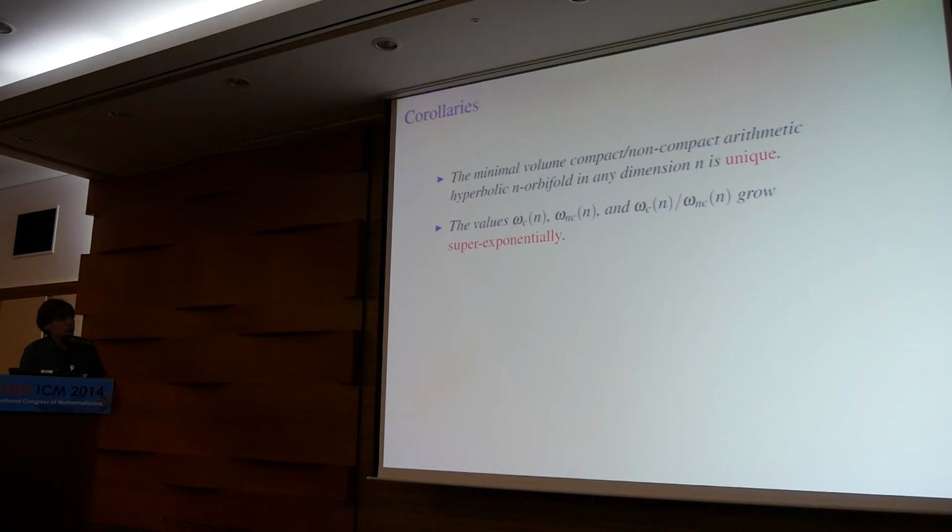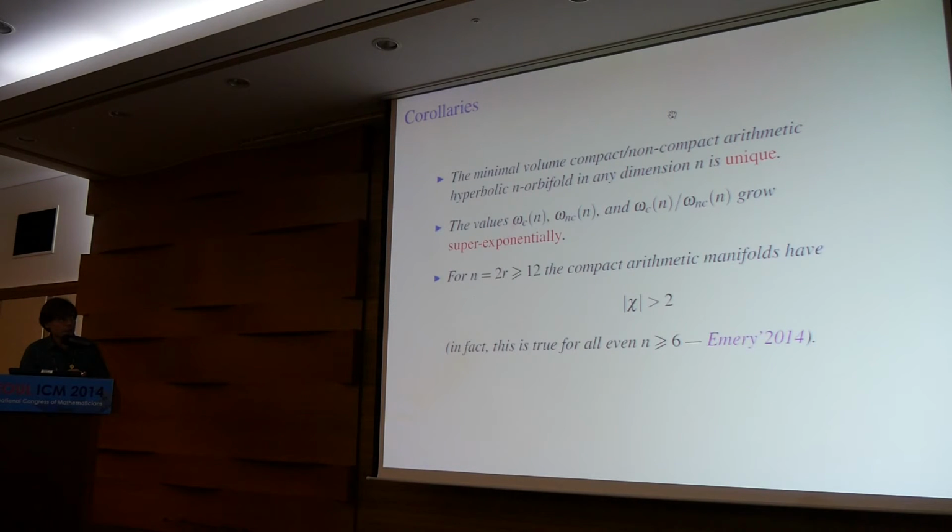Uniqueness was already mentioned. Here is the first corollary: the values of the minimal volume, and also the ratio between the volume of compact and non-compact, grow super exponentially with the dimension, extremely fast.